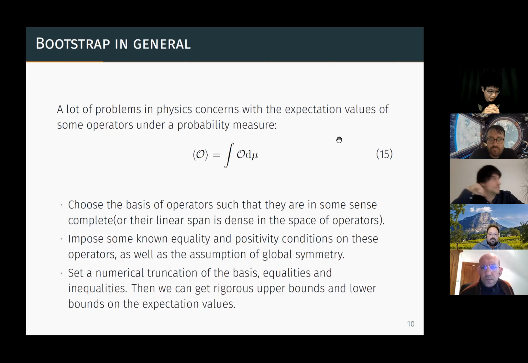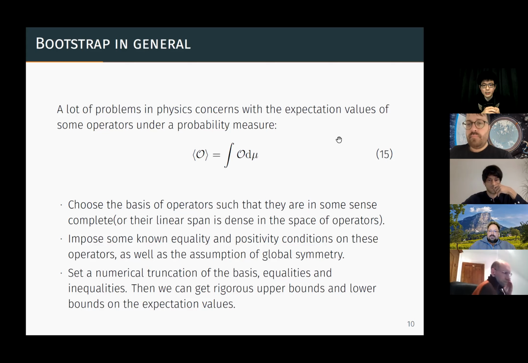Let's remember in the single variable case that polynomials are dense in the space of continuous functions on the real axis. And then we impose some known equalities and positivity on these operators, as well as assume some global symmetries. So numerically, we set some truncation of the basis, the equalities and inequalities. Then we can get some rigorous upper bound and lower bound on the expectation value.